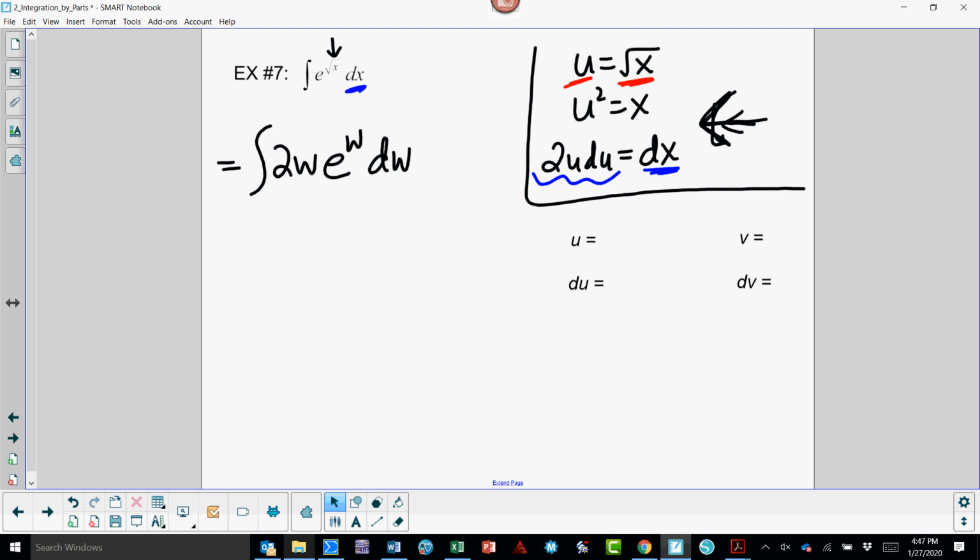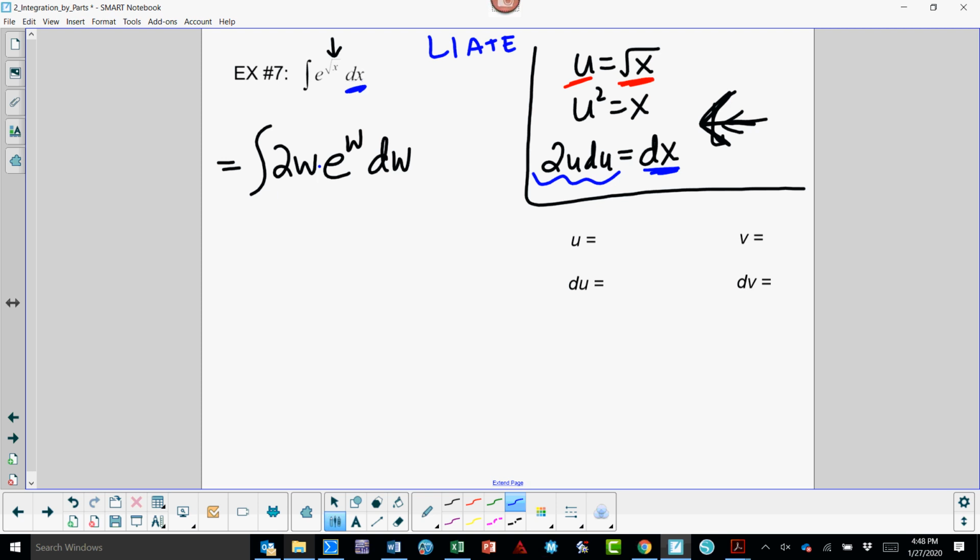All right, so now I need to think about, okay, can I do integration by parts, because I have a product here. Because I have 2w times e to the w. So think of our choice for LIATE, tells me do logs, inverse trig functions, algebraic.